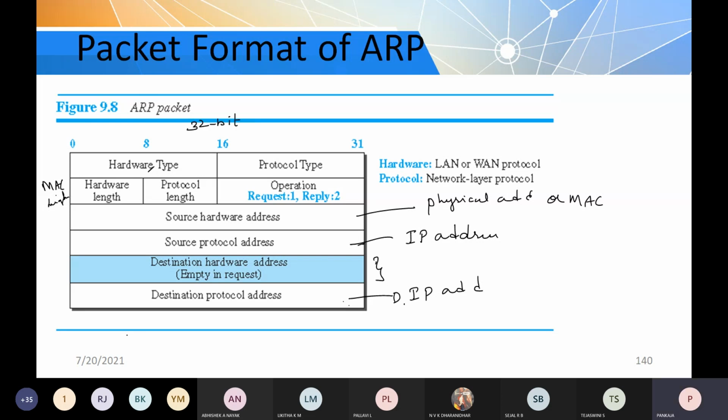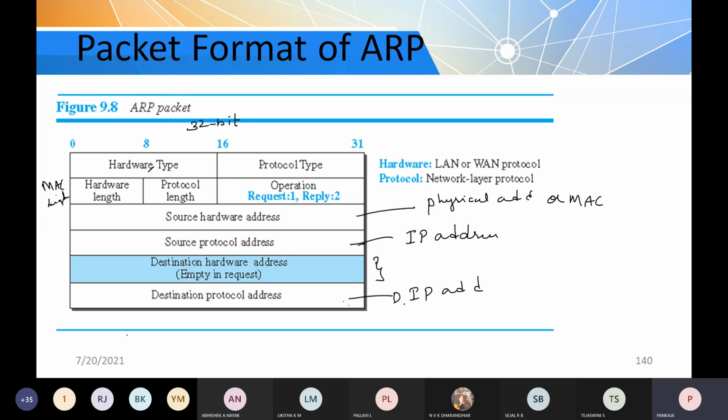The fields you cannot exchange. The first field, 0 to 16, should be hardware type only. You cannot make it protocol type, because the format is a standard one. You cannot change it.